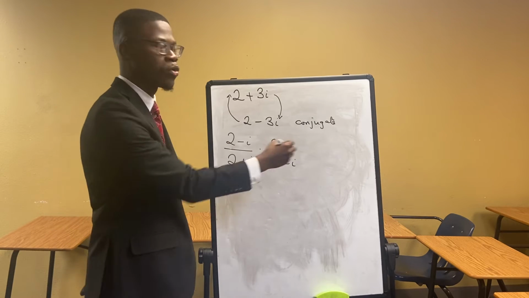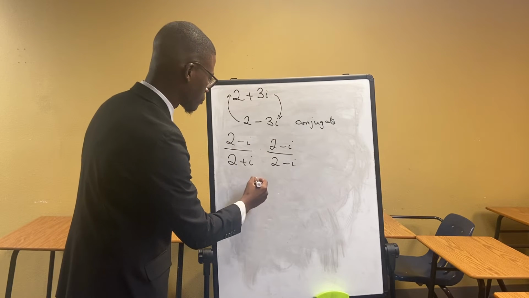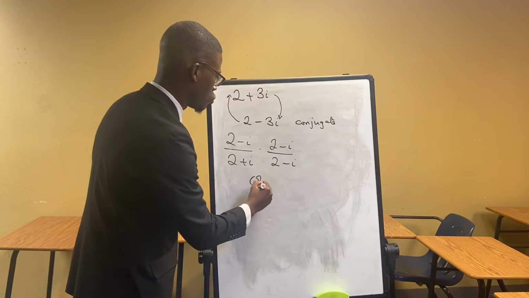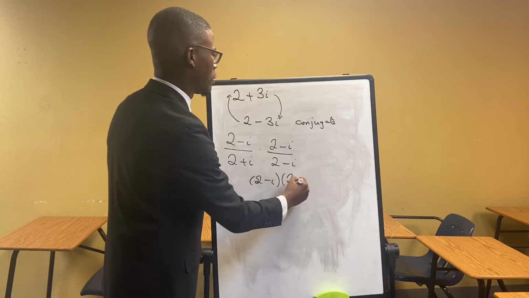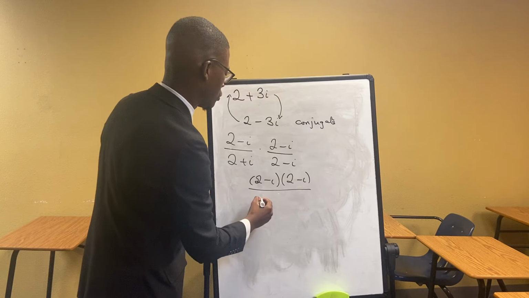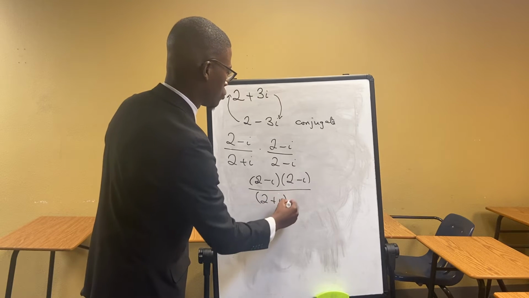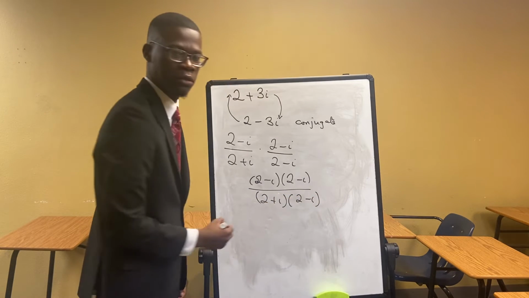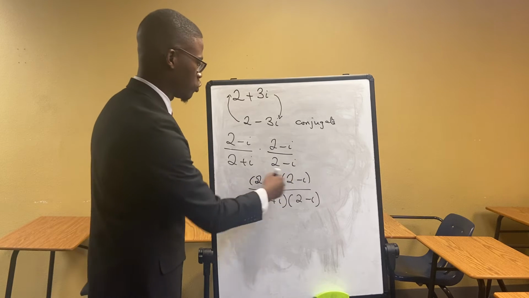Then we go ahead and solve. So this becomes 2 minus i, 2 minus i, divided by 2 plus i, 2 minus i. Then moving forward, we'll multiply both.